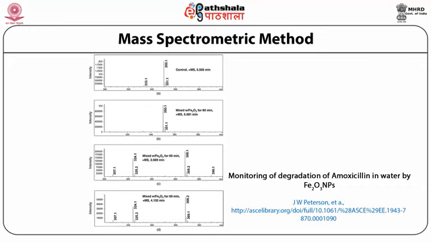They both have the same molecular mass, same mass pattern, but they are separated in the chromatogram. They have different transition times. So that is the application of liquid chromatography and detection of mass by mass spectrometry.